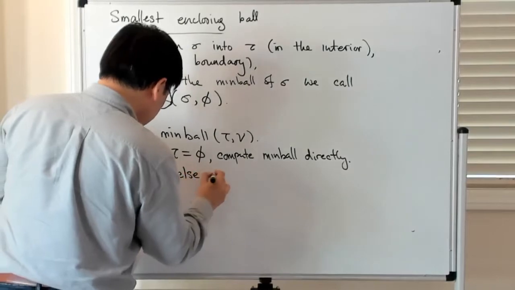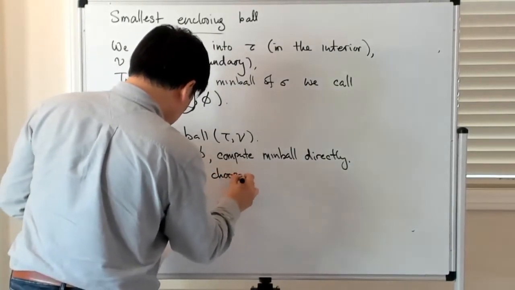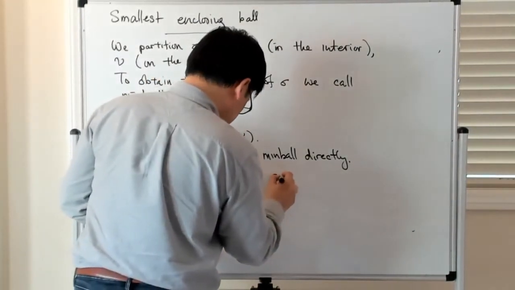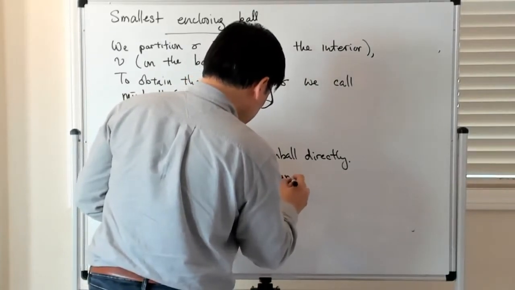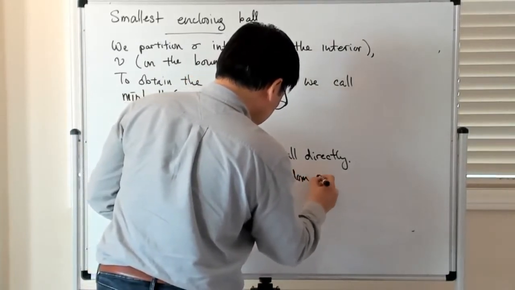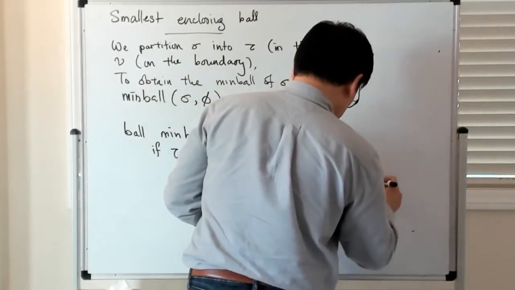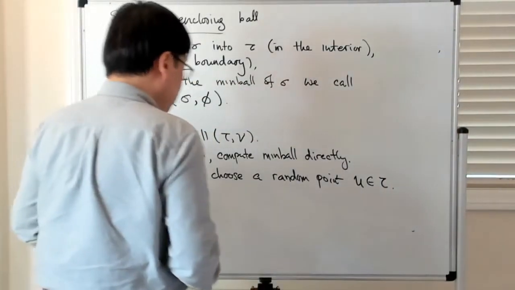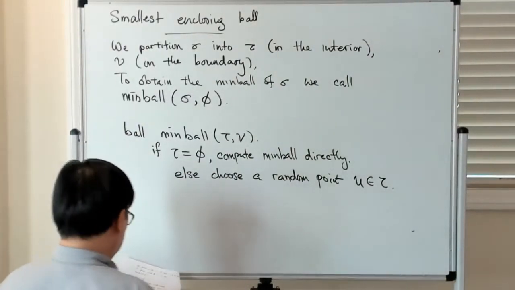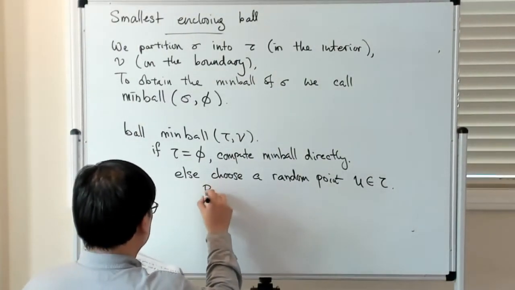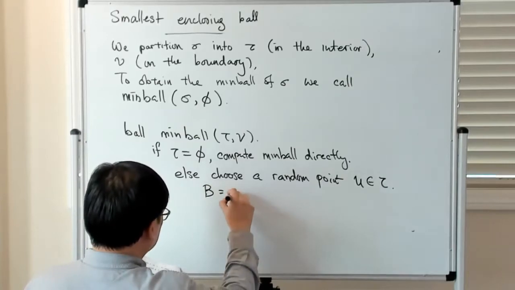So else you choose a random point, let's call that u, which is in tau. All right, and I consider a candidate min ball b, which is the min ball.